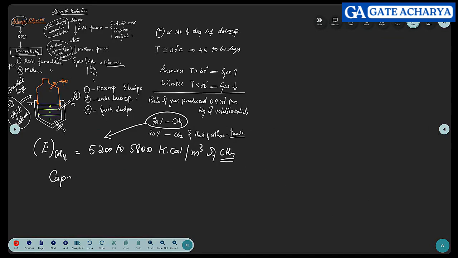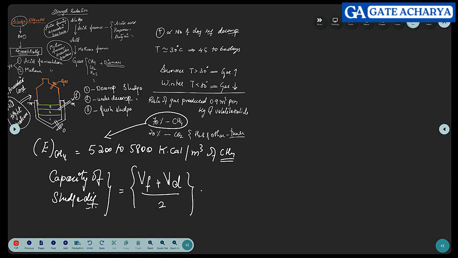So the capacity of the sludge digester is the volume of fresh sludge plus volume of digested sludge, divided by 2, into the detention period or detention time.